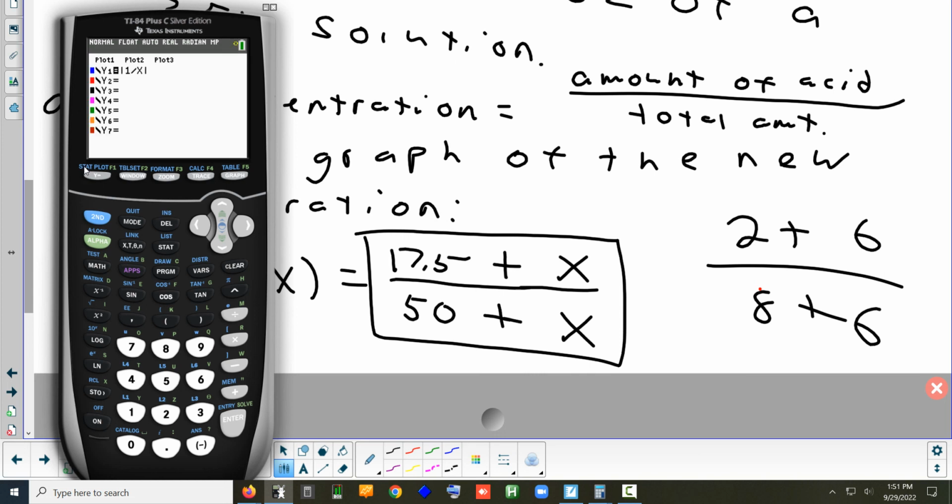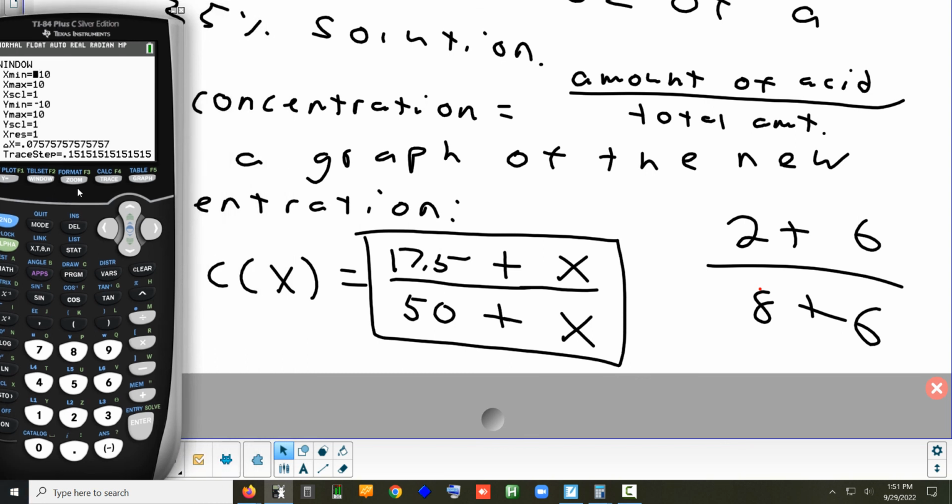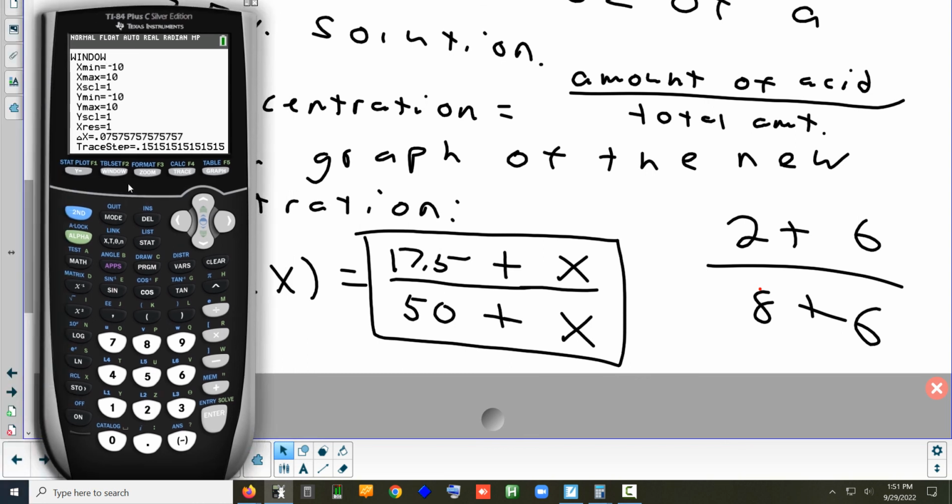So they want us to graph it. Put the numerator in parentheses, that's the best way, so we don't get messed up, divided by 50 plus x. Let's think about our window a little bit. In this case, my y value is a concentration.